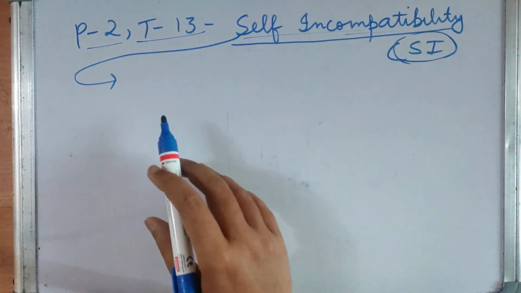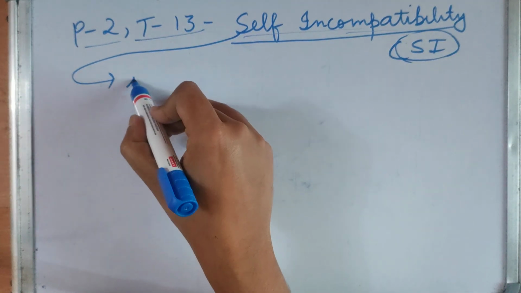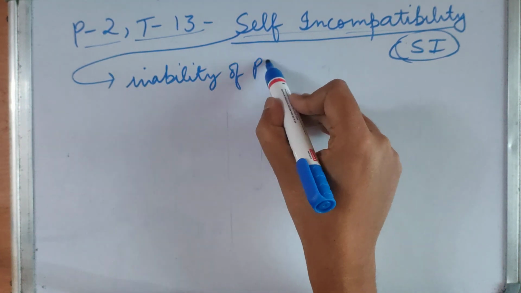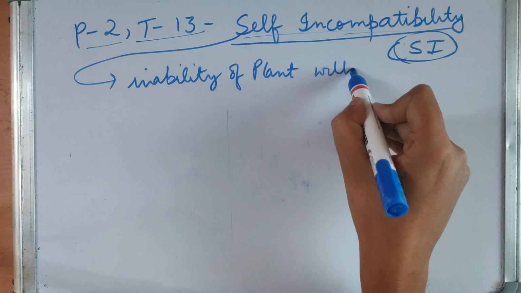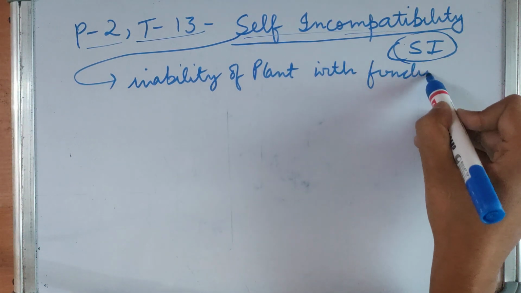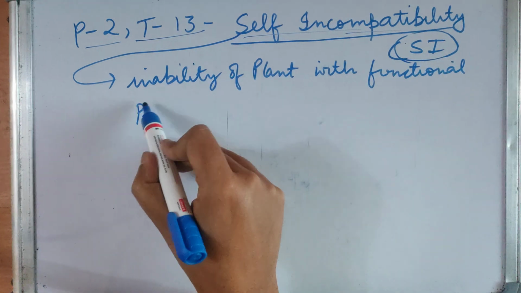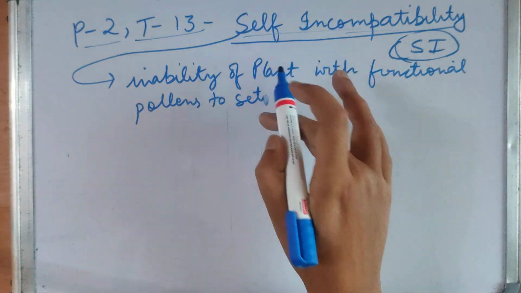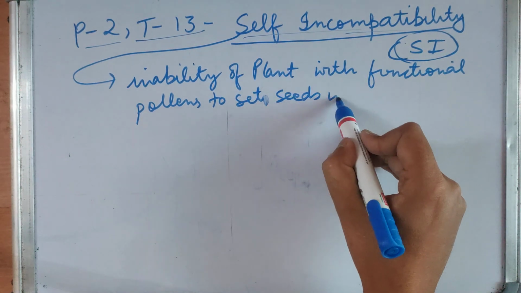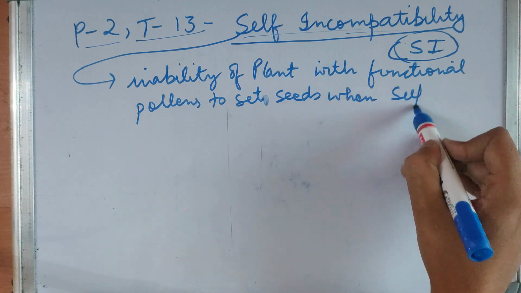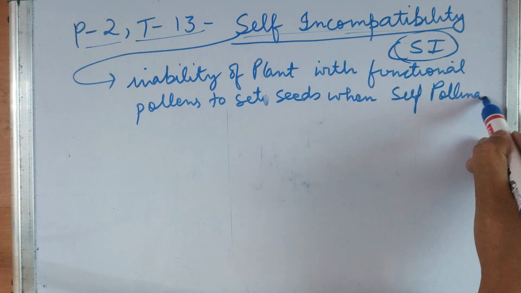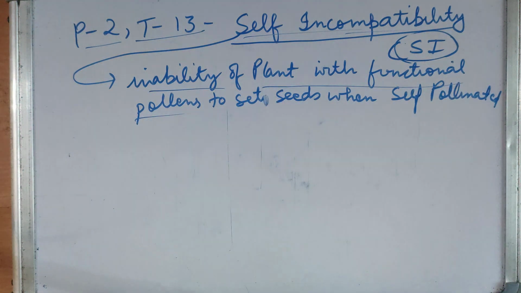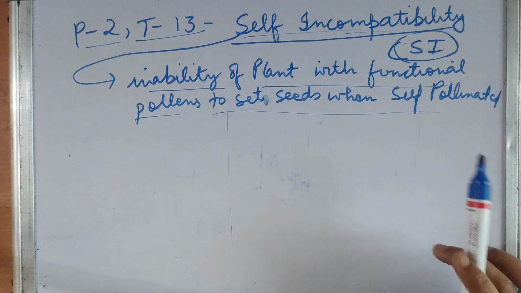It is the inability of a plant with functional pollen to set seeds when self-pollinated.